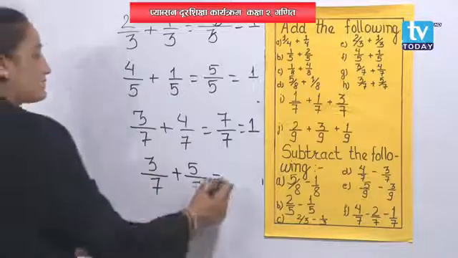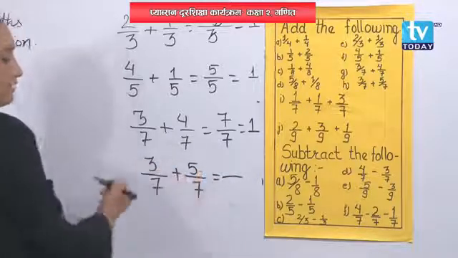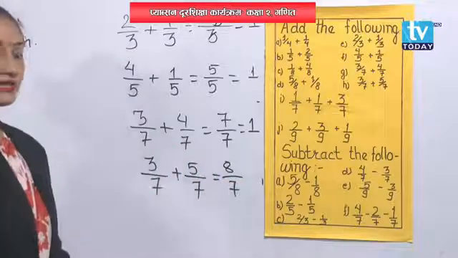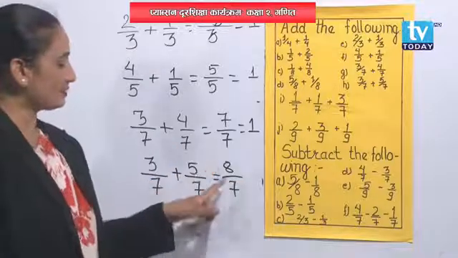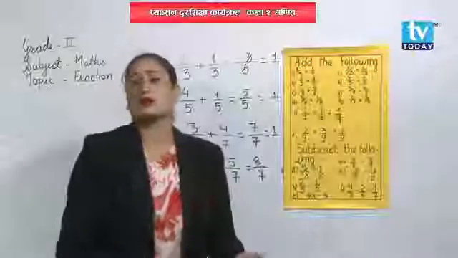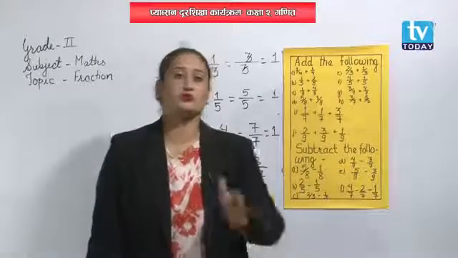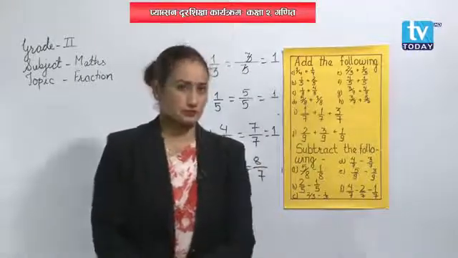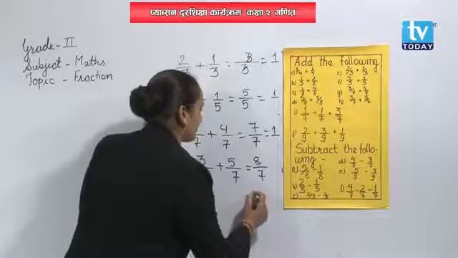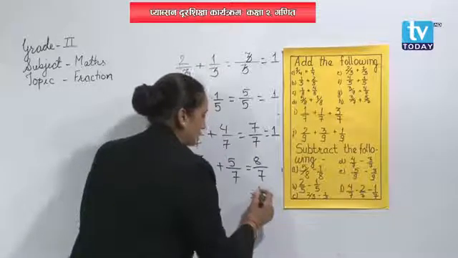Okay, now can you tell me 5 plus 3? 8. Now see, students, here is 8, below is 7. Why? One apple is not sufficient, so we need to cut another apple also. Do you understand? 7 plus 1 is 8, so we can write it like this way.